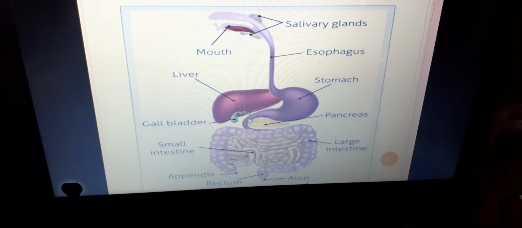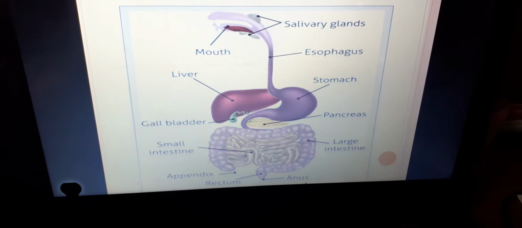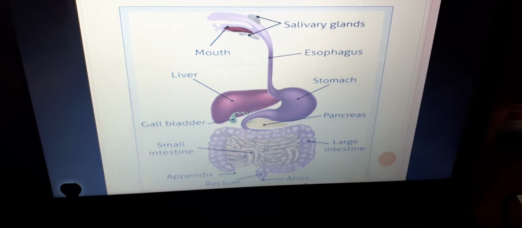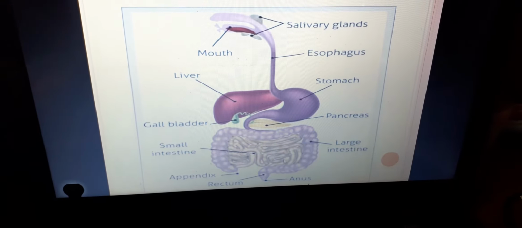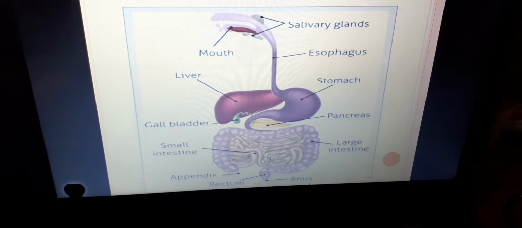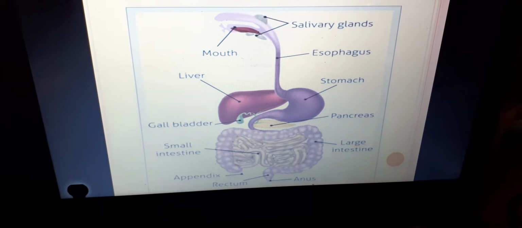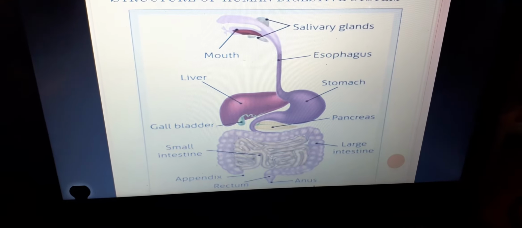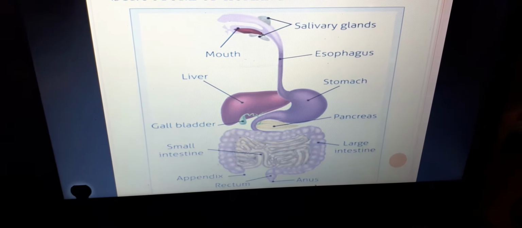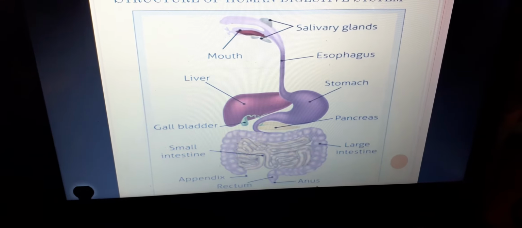So the food is digested here and it continues in the rest of the small intestine. One other function is also performed by the small intestine, which is known as absorption. Now I am focusing on this function of the small intestine, that is absorption.